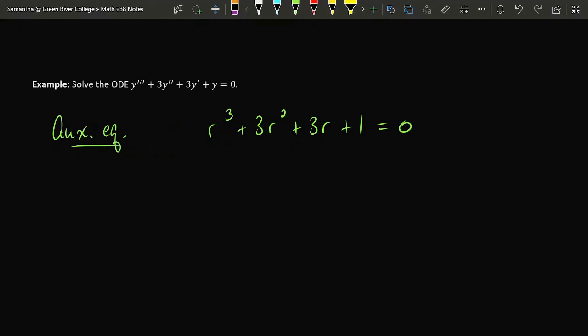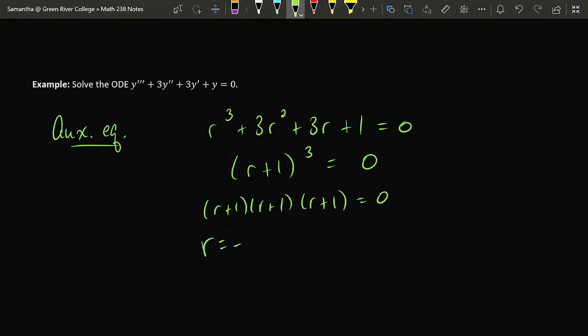Now this can be factored as r plus 1 quantity cubed equals 0. So r equals negative 1 is a solution to the auxiliary equation, which is repeated and has a multiplicity of 3.